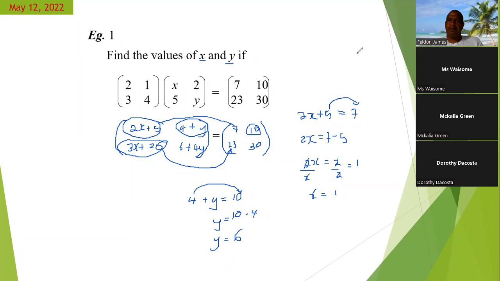Because we started on Thursday, I did not start off with the algebra topic, so on Monday, I will do the algebra topic.